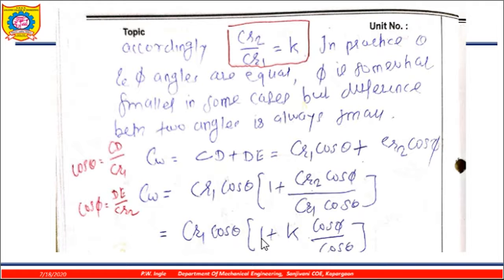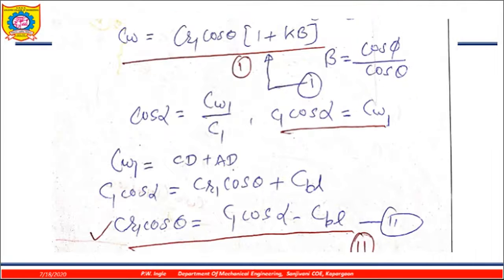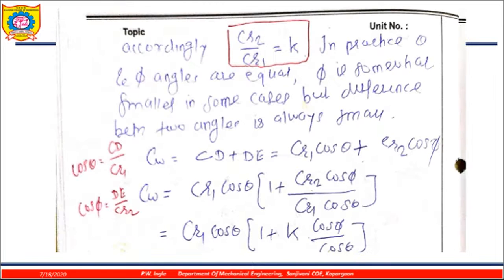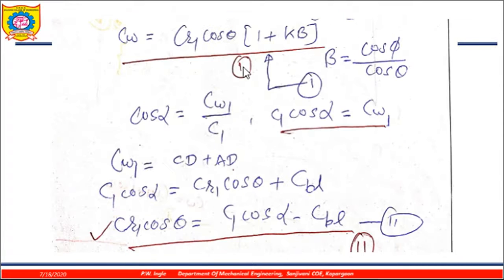Since CR2 by CR1 is K, it is K cos phi upon cos theta. So CW equals CR1 cos theta in bracket 1 plus KB, where capital B is cos phi upon cos theta. This is equation 1.